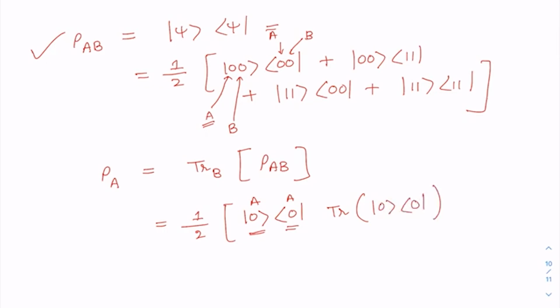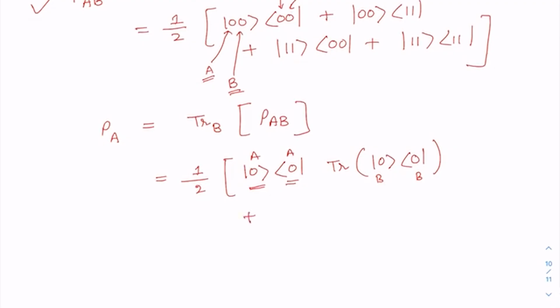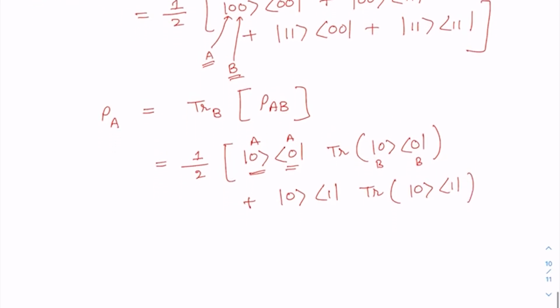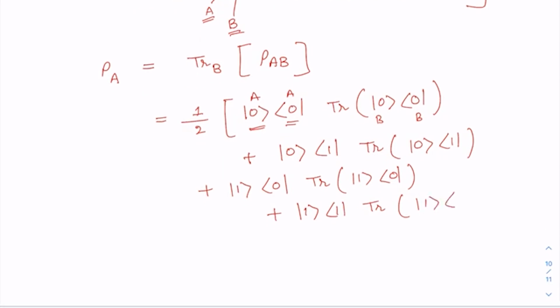You can easily see that this is your B, and this is again from B. Similarly I can go on writing the other terms. 0 1, I have the trace 0 1. You have to be careful. Then the third term will give you 1 0. This belongs to system A, so I will take the trace over this B, 1 0, and then finally I have 1 1, and I'll take the trace, I have 1 1.